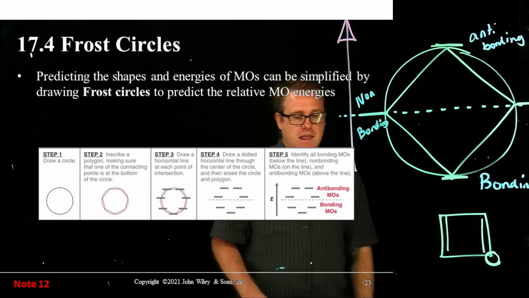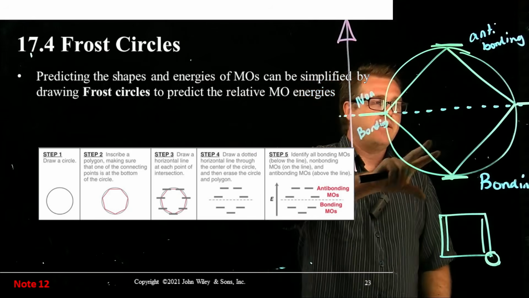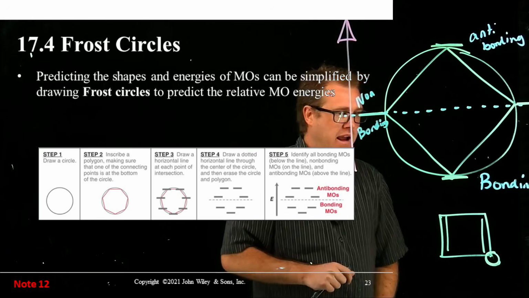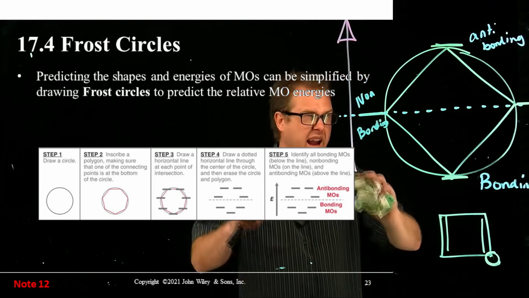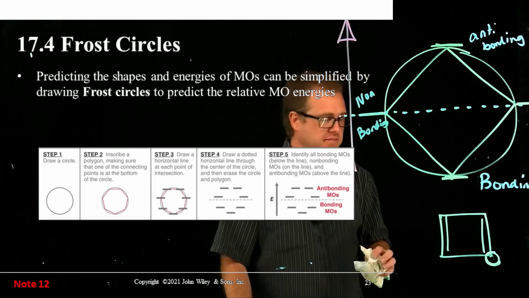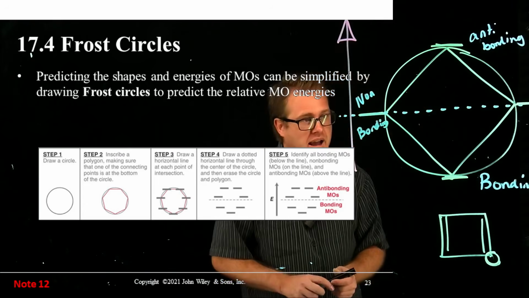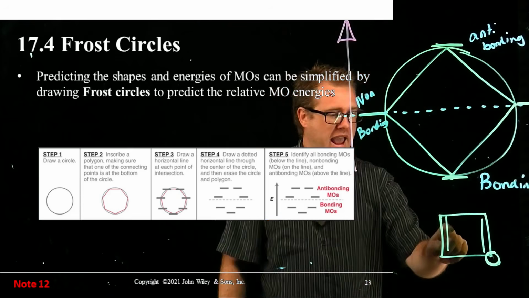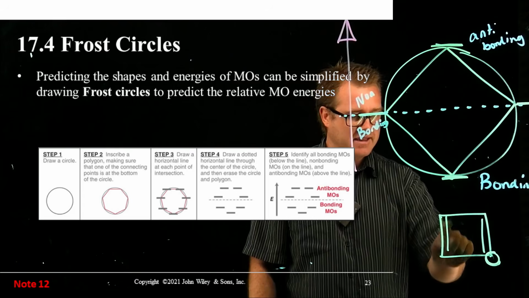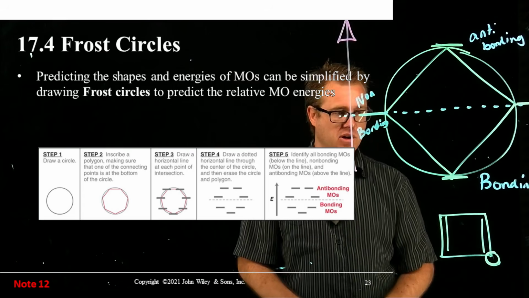And then now you have an MO diagram, and the procedure in the book says now to erase the circle and whatnot. I personally don't like to do that. I just understand that these are molecular orbitals. And when I look at my cyclobutadiene, I see that there are 4 pi electrons.